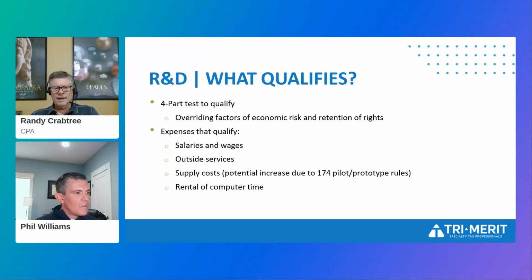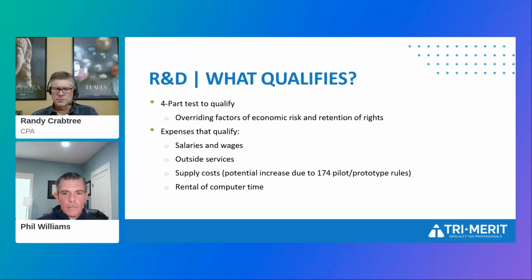So to quantify a Code Section 41 R&D tax credit, we look at 4 different buckets of expenses: salaries and wages. Who in our companies is spending time designing, evaluating alternatives, conceptual ideas, prototyping? Who in our company is working on that? And then let's see how much time they spend on it and figure out that percentage of their wages specifically associated with that project.